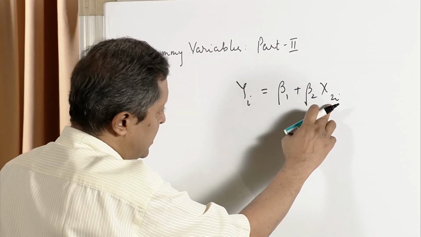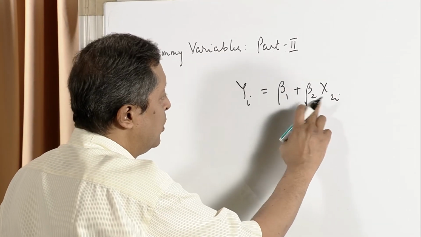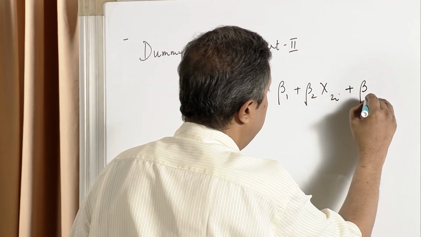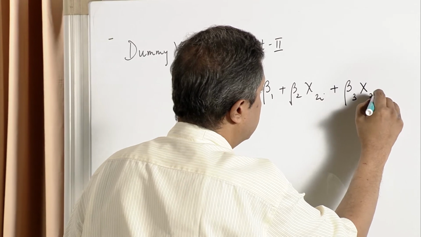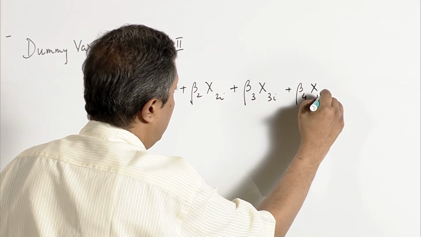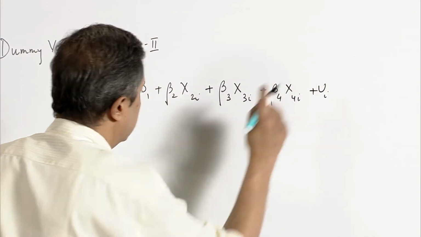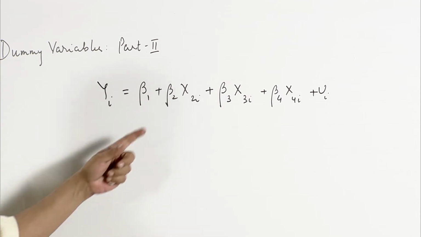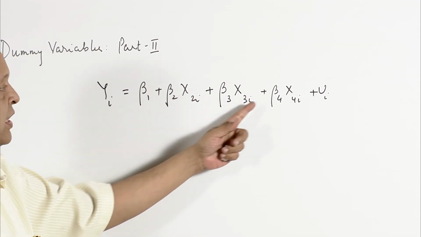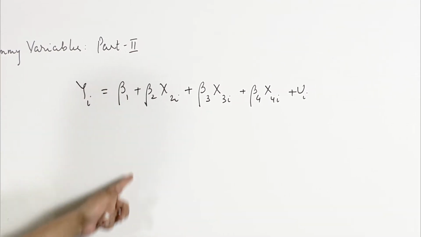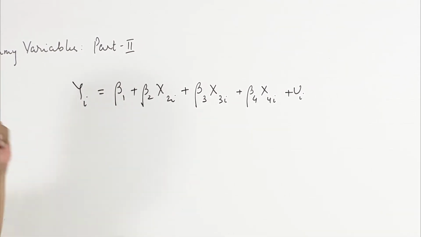This is a multiple linear regression model with x 2, x 3, x 4, three quantitative variables and x 1 implicit in the intercept. So, this x 1 is always 1.